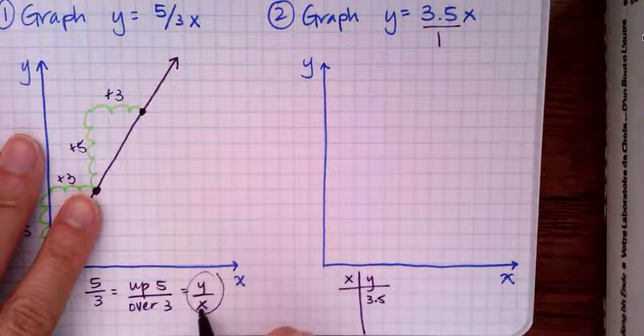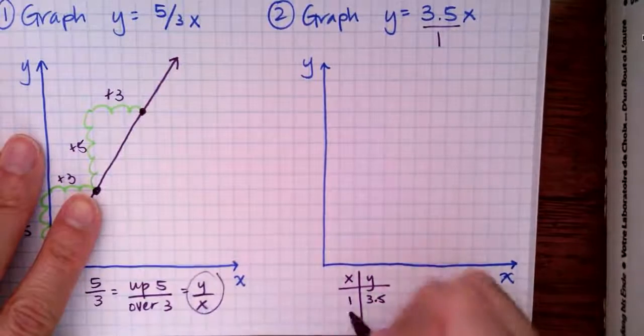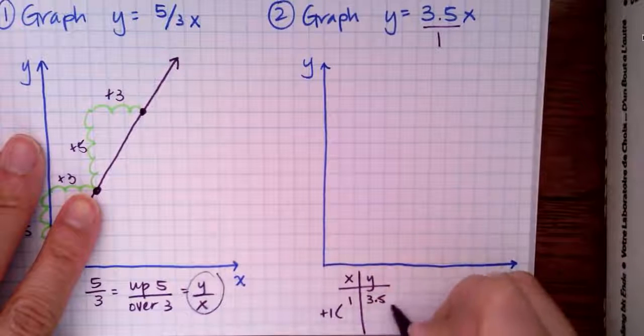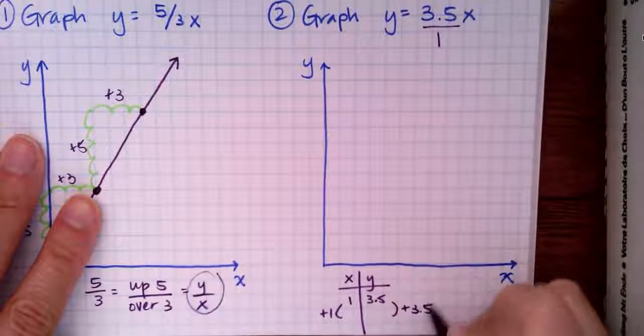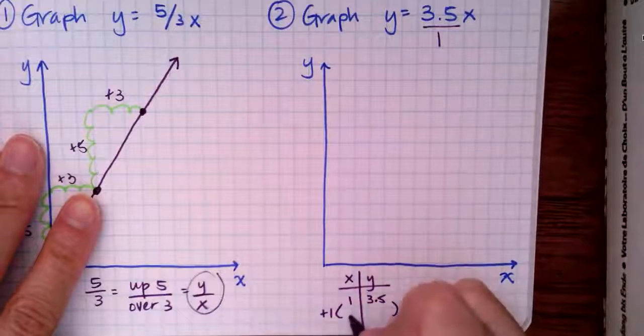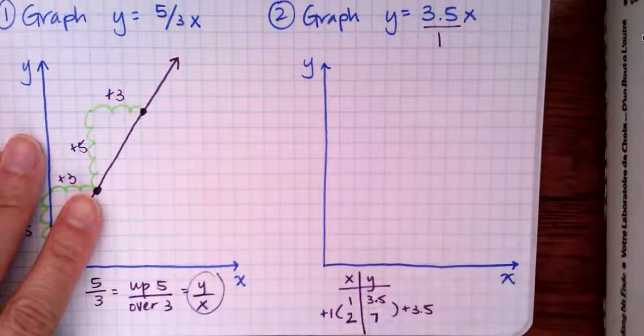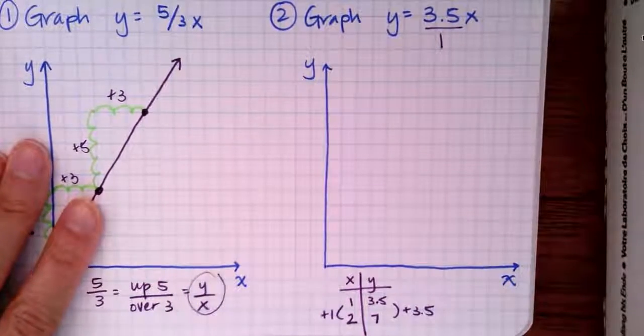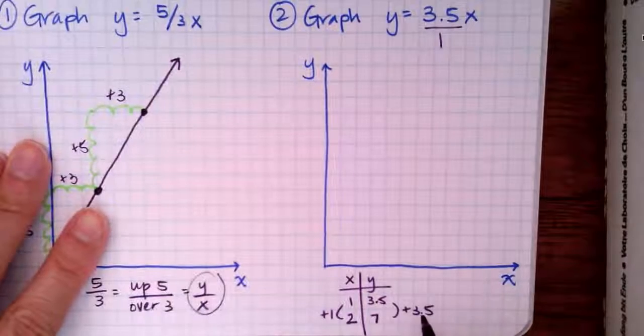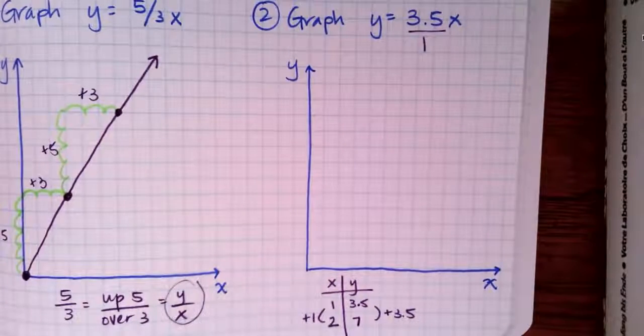And then the denominator is x, 1. And we're just going to add that same rate of change each time. So this becomes 2. 3.5 plus 3.5 is 7. So I have my 2 points. I have 1 and 3.5 and 2 and 7.